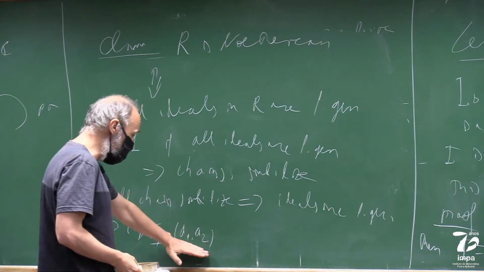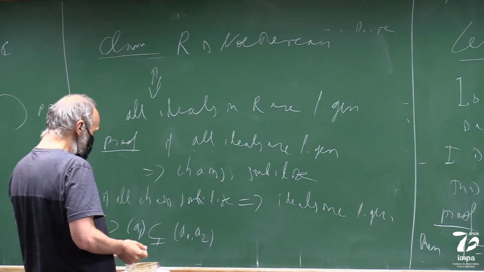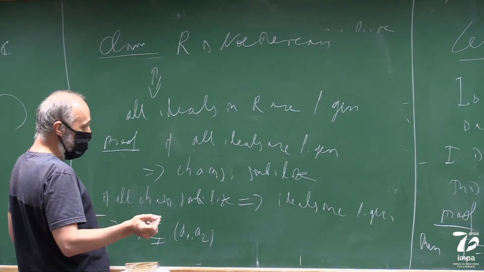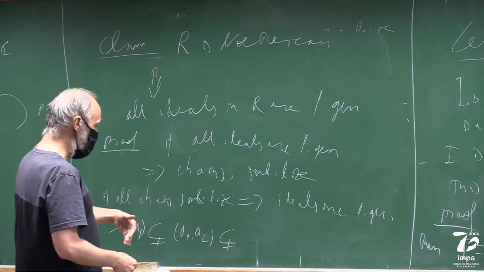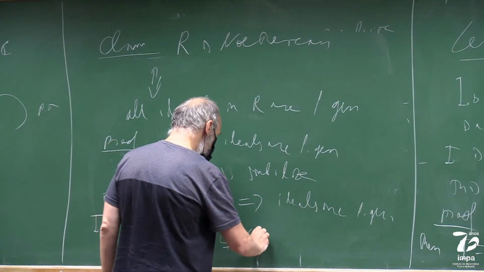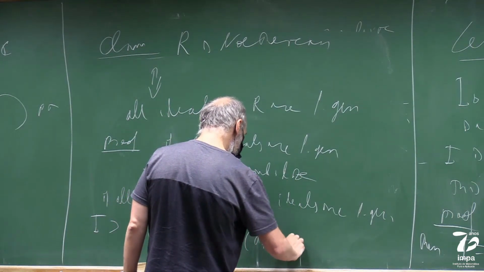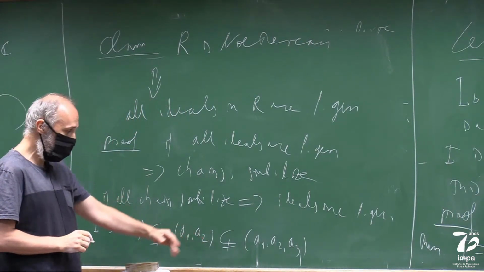Now, if the ideal generated by A1, A2 is I, we are done, it's finitely generated. If it's not, you can have A3, which doesn't belong to this subset, but belongs to I. So you have A1, A2, A3 strictly embedded, and A1, A2 is strictly embedded there.